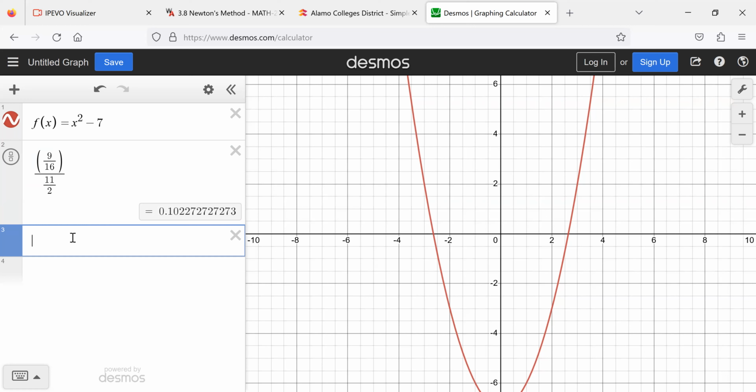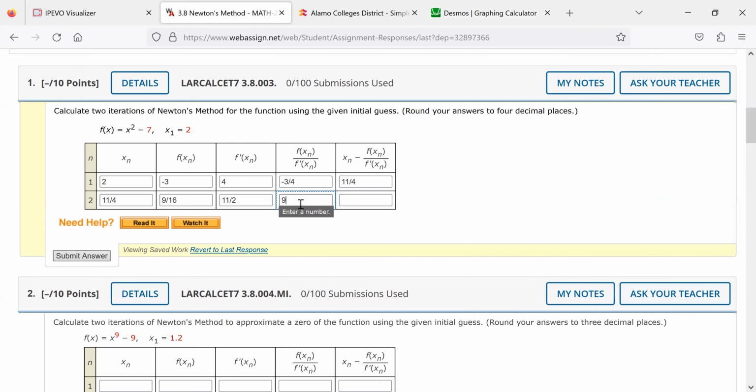As a fraction, that would be 9/88, right? So this division is 9/88. Double check. Yeah, there it is. Okay. So this piece is 9/88.